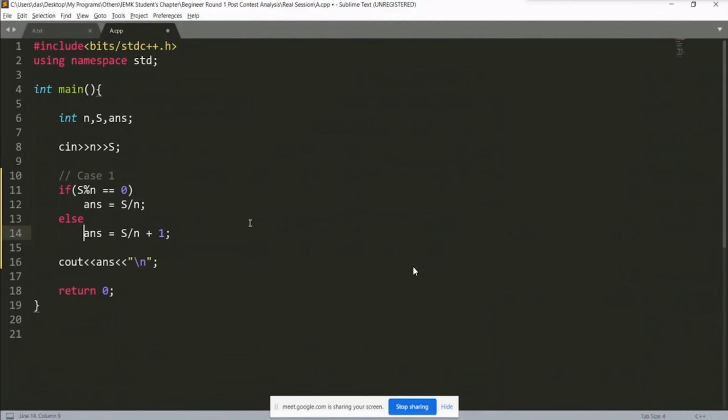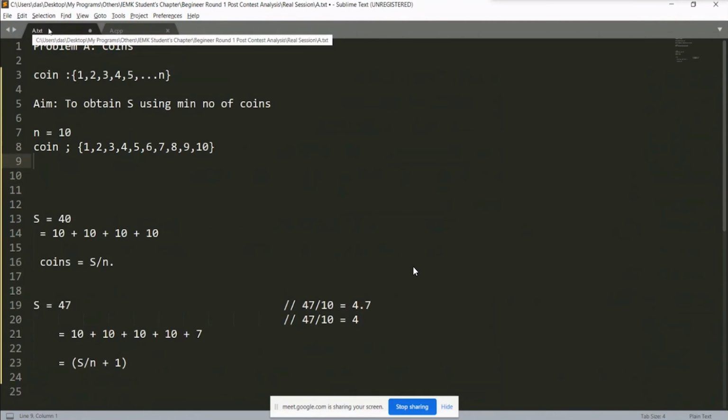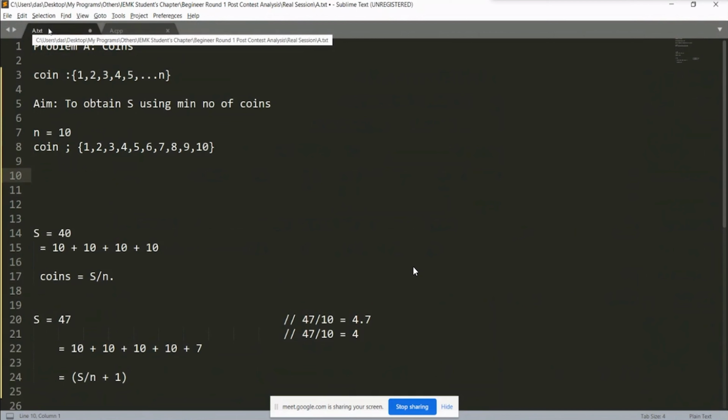Any doubts here? I have a question actually. Yes, sure. Go ahead. Currently this problem we are dealing with is with natural numbers as coins. So what if the coin values were input by the user and were just random numbers? Would it be possible to reach the sum with the minimum number of steps then also?